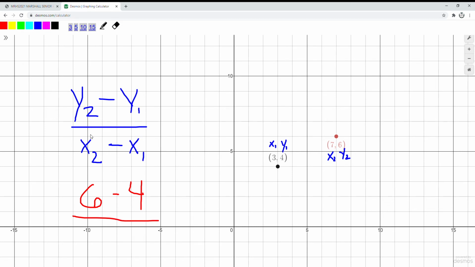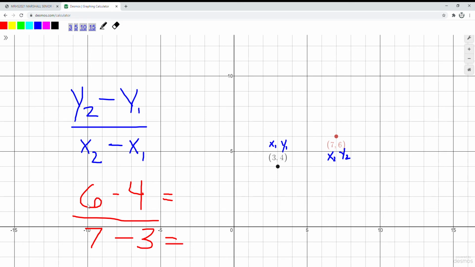And then x2 is 7, and x1 is 3. So I just simply substituted in all my numbers by taking a look at how I labeled those coordinates. Now my formula has its numbers substituted in, and I can just solve it like I would any other expression.